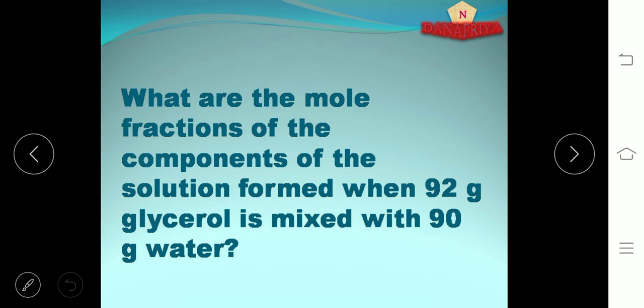We have to find the mole fraction. First of all, before finding mole fraction, what is the formula for mole? Mole is equal to weight by molecular weight. Then the formula for mole fraction is mole by total mole.